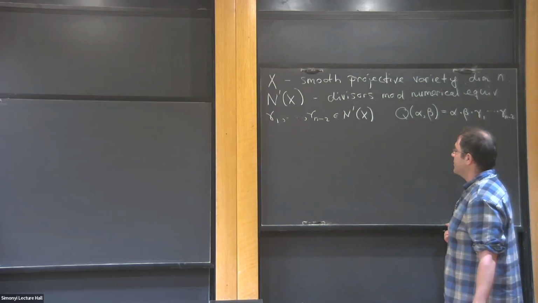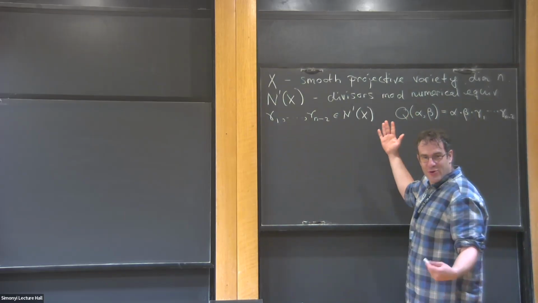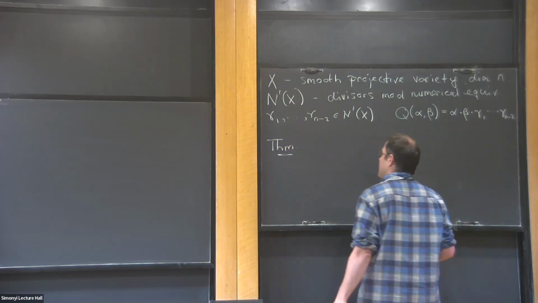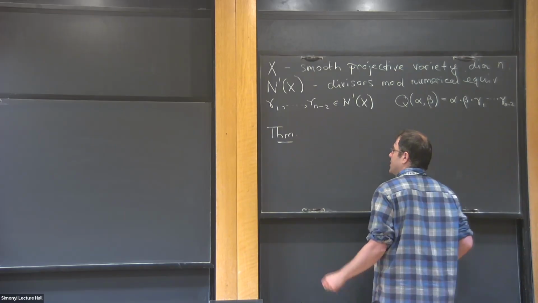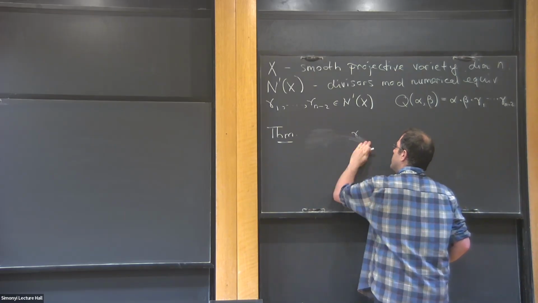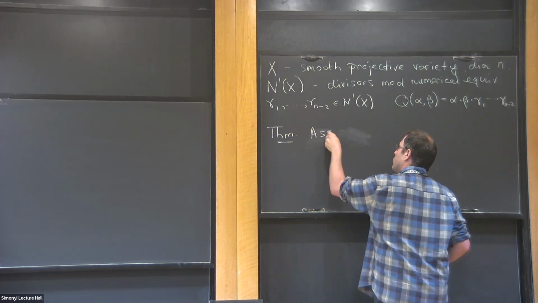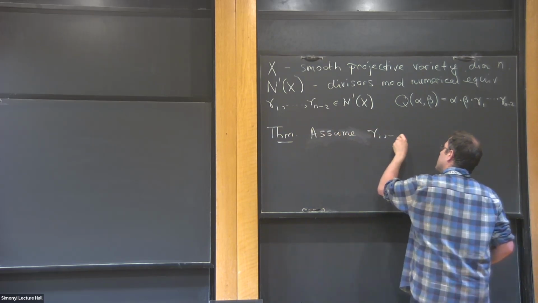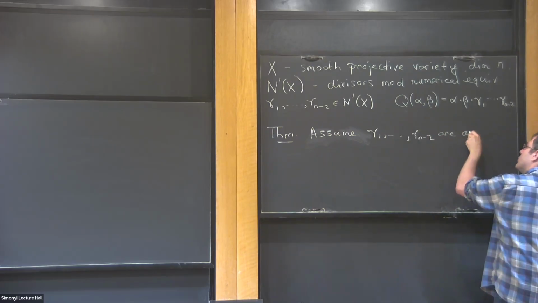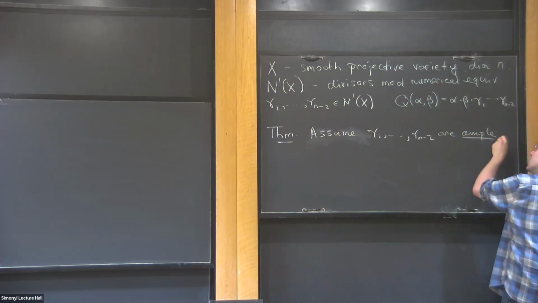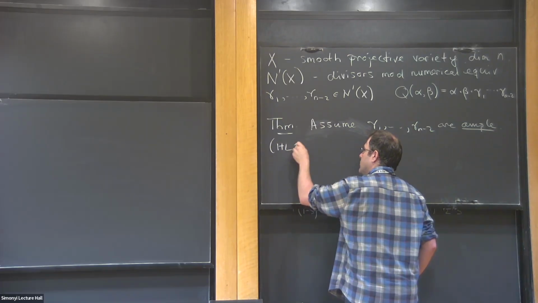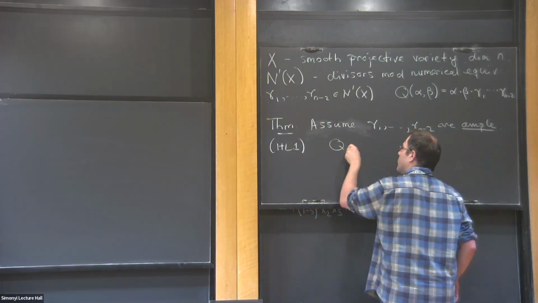And we're interested in the properties of this form. Of course, this form is very well known to everybody here. So we have this theorem, which assumes that these n-2 divisors that I've used to fix the quadratic form are ample. Then we have two key properties. The first one is that this quadratic form is non-degenerate.